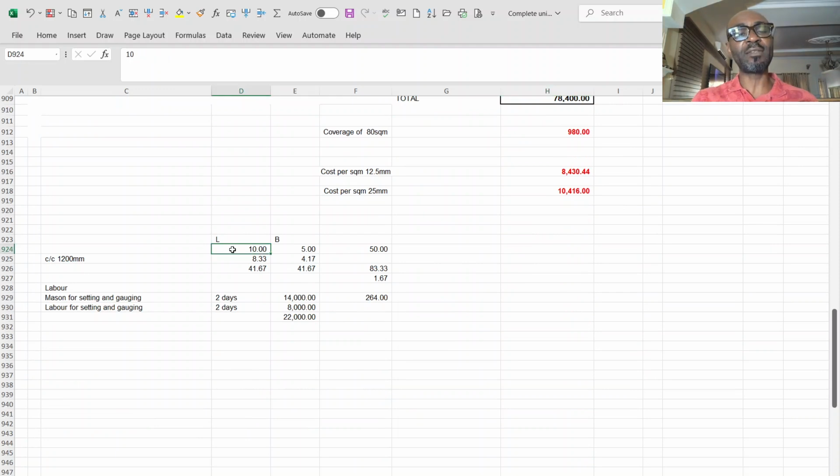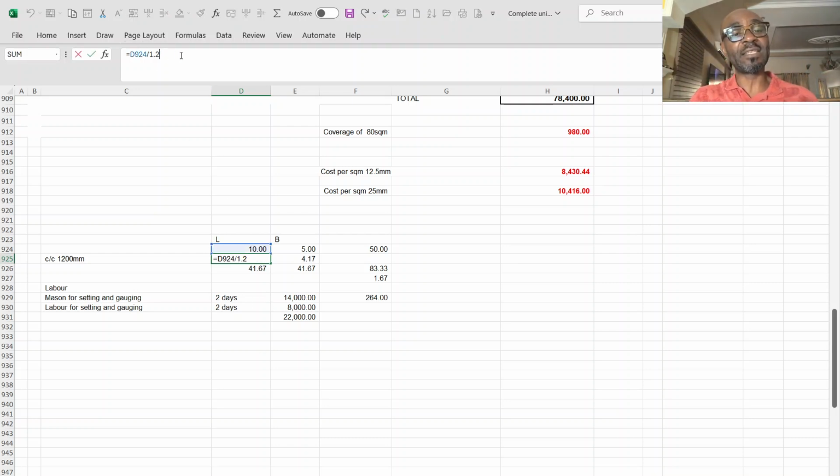I said a hall of 10 meter long and a breadth of 5 meter, so you have a total area of 50 square meter. Then I assume that I am expected to put this ebonite at 1.2 centers.